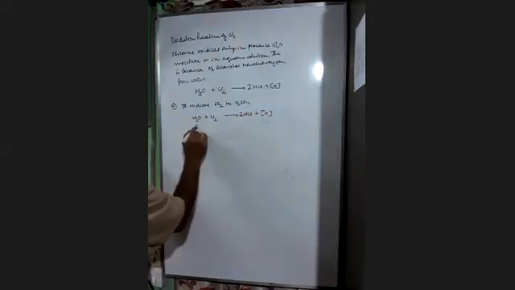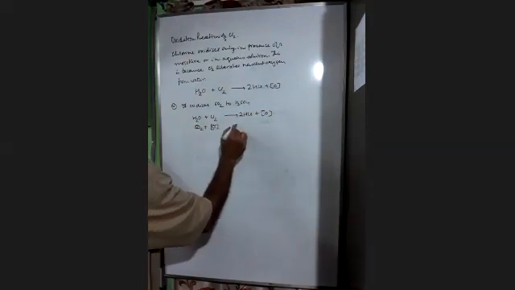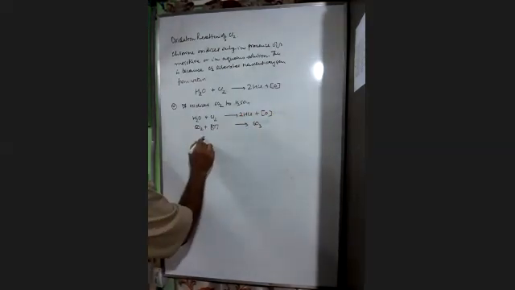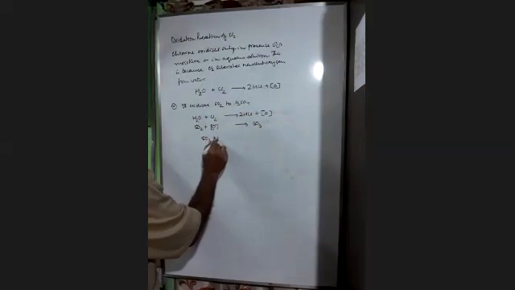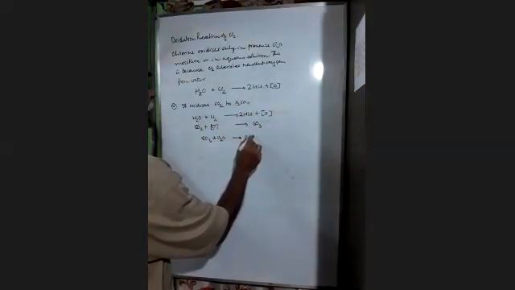See here, SO2 plus O. What will it give us? It will give you SO3. But you know, when SO3 comes in contact with water, what does it give? SO3 plus H2O is what? H2SO4.